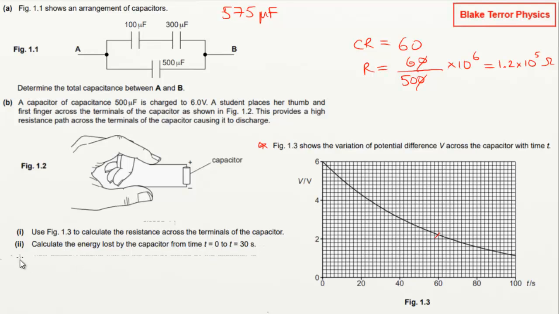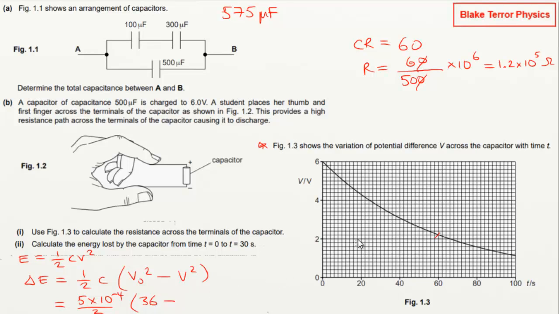Right, so our energy is equal to a half CV squared, because we're dealing with voltages and capacitances here. So our change in energy is going to be a half C times our V0 squared minus our new V squared, because we're just subtracting one from the other. So that is 5 times 10 to the minus 4 divided by 2. We're starting at 6 volts, so 36.